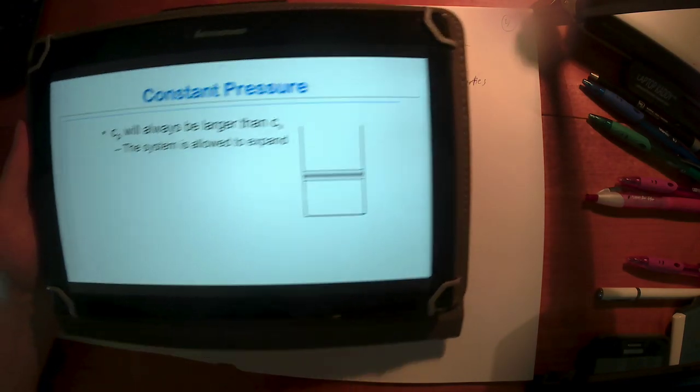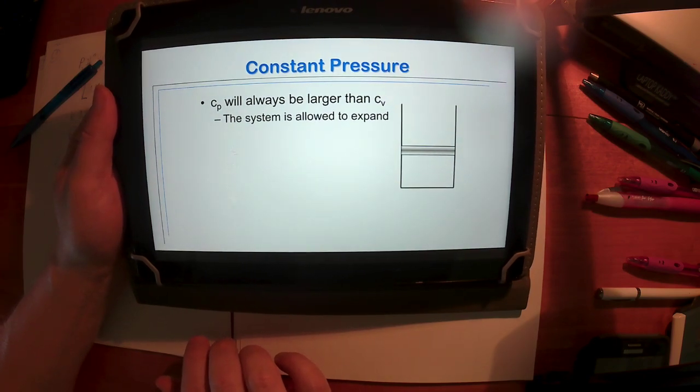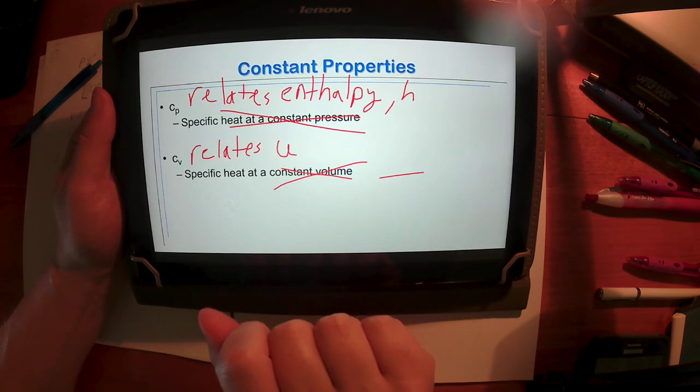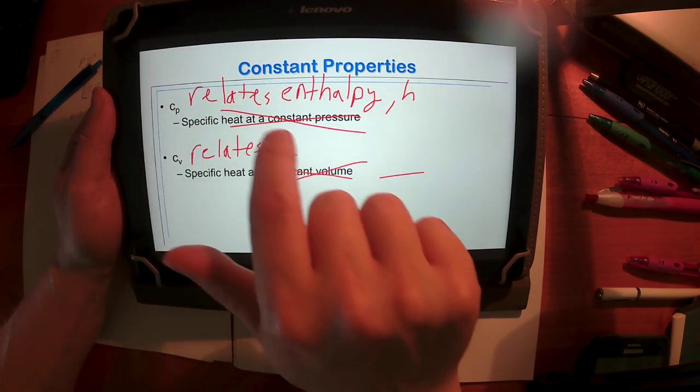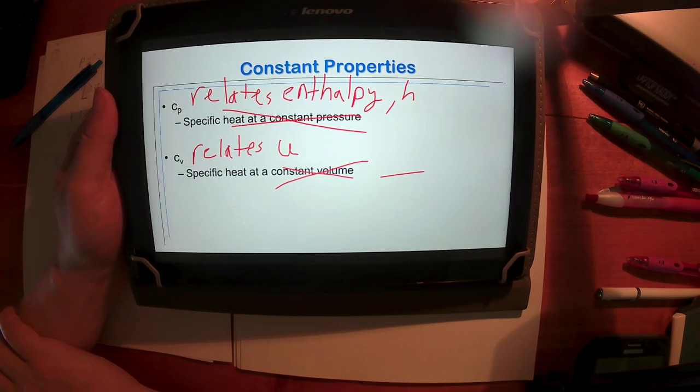Now, C sub P is going to be larger than C sub V. Why? Well, if we look back at what I've just crossed out, C sub P in an oversimplified scenario represents the specific heat at constant pressure.